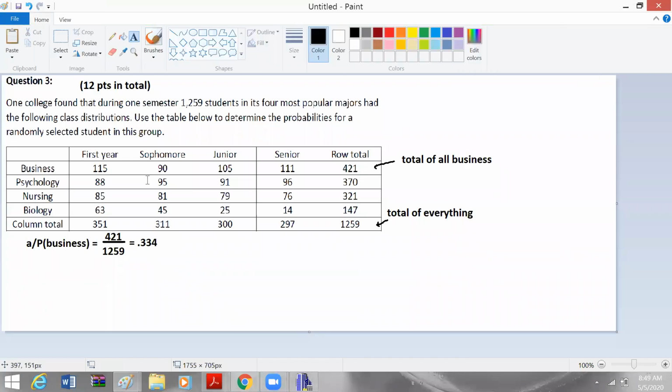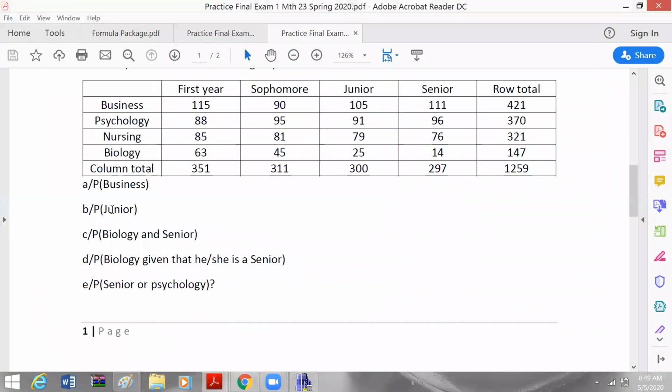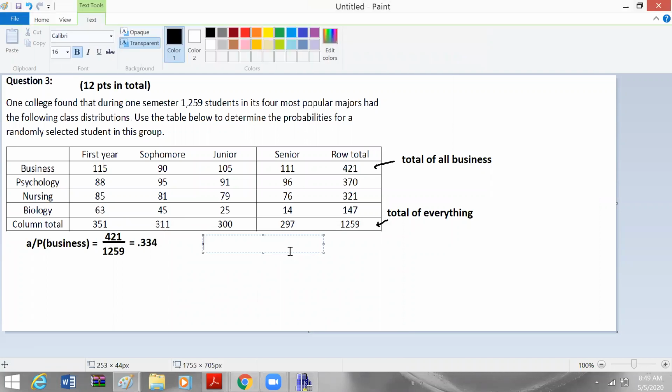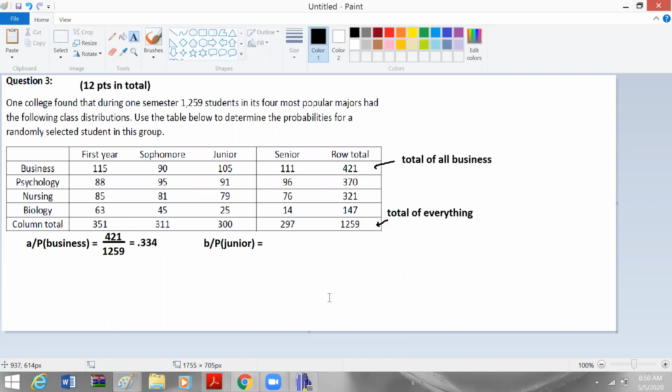So for part B, I need to compute the probability of the junior. We're gonna do it right here, the probability of the juniors. So how can we do so? Again, we're gonna look at the junior. The total number of juniors is right there.